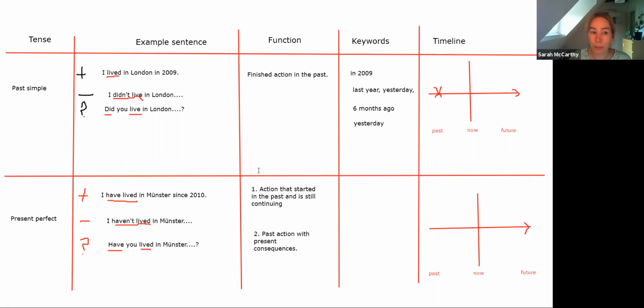So again, what will help you in an exam is the keywords. So keywords that indicate the present perfect: since, recently, this week, yet and ever.